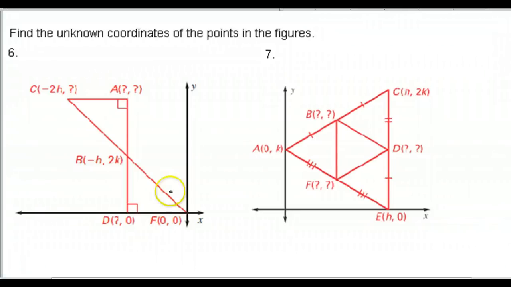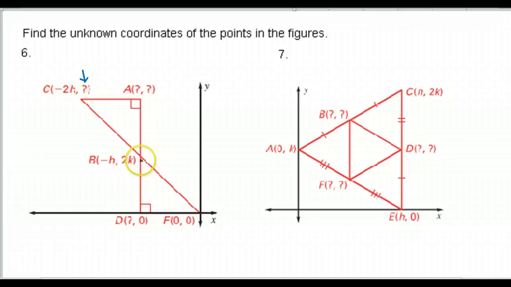Okay, we need to find all these question marks. So let's do this question mark right here. Here's the deal. The thing is that these triangles are congruent.